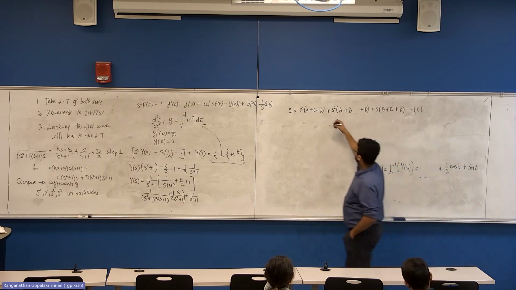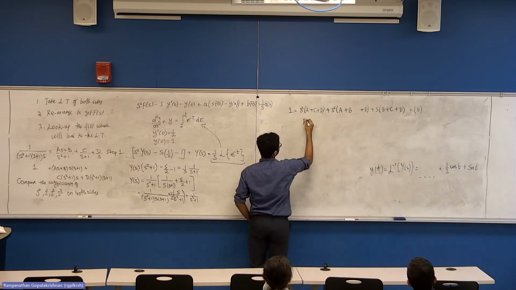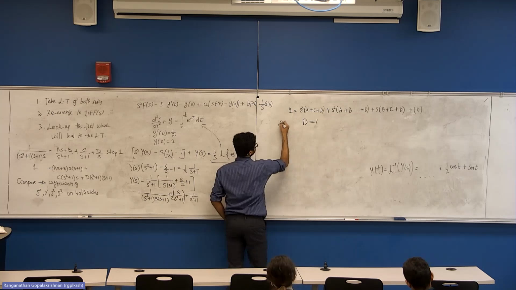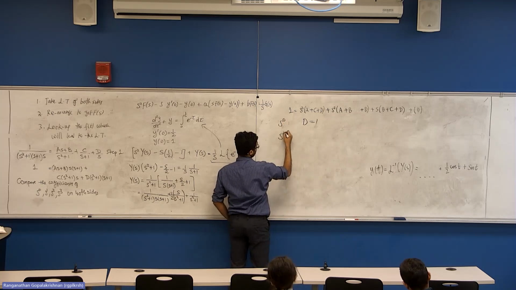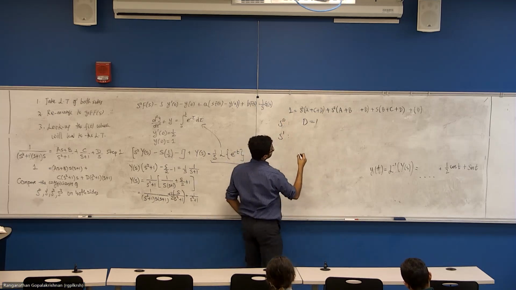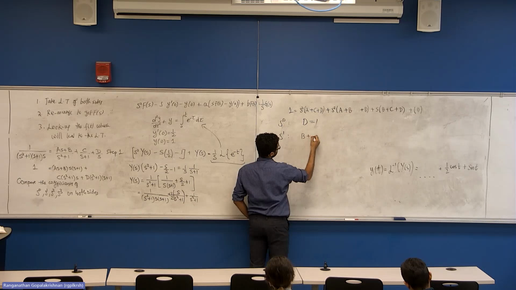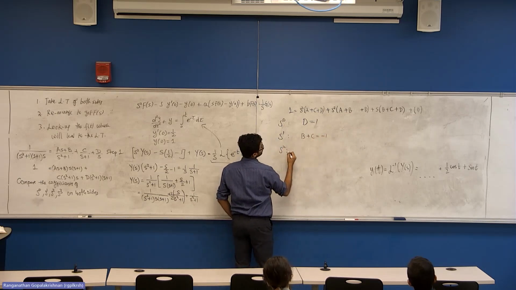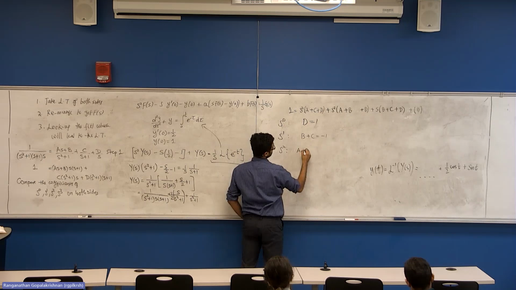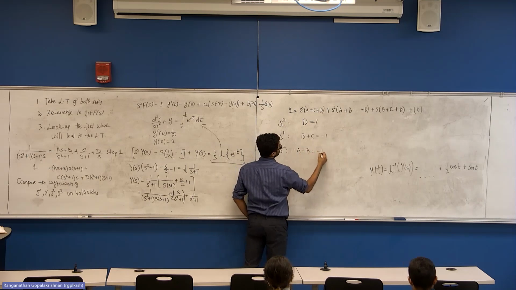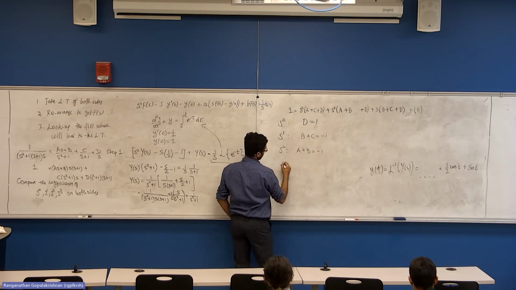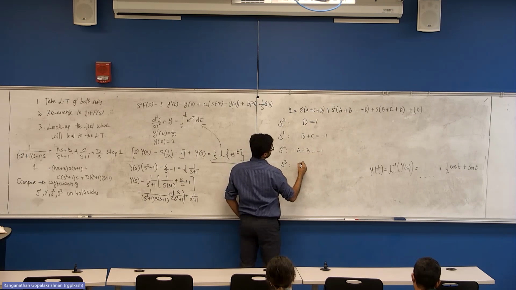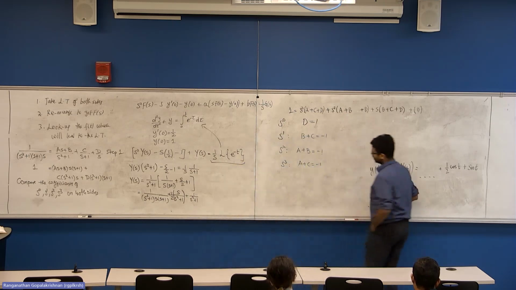So obviously D is equal to 1. You compare s power 0. You compare s power 1, you get B plus C equal to -1, and s squared will give us A plus B equal to -1, and s cubed will give us A plus C equal to -1. How is this possible?